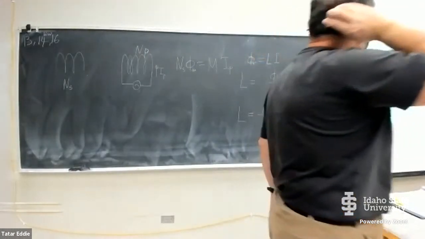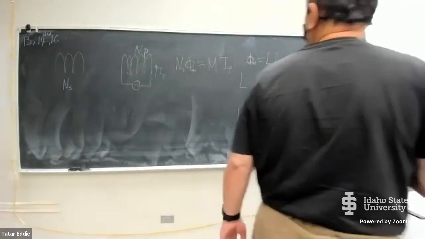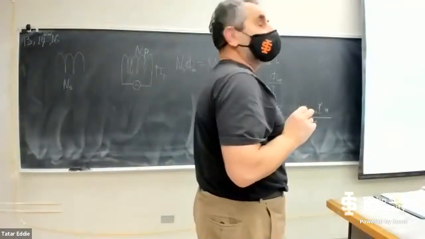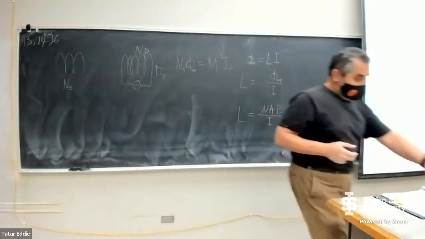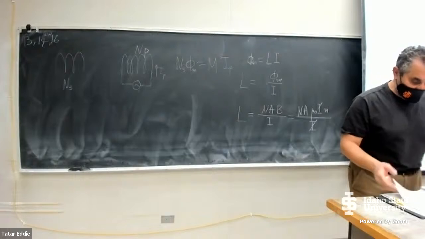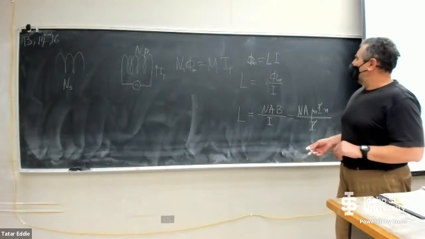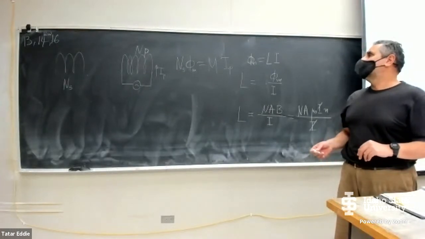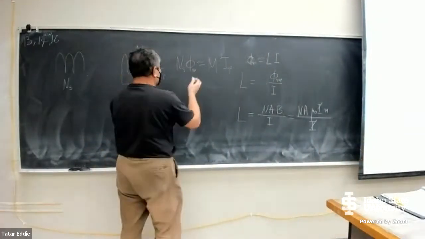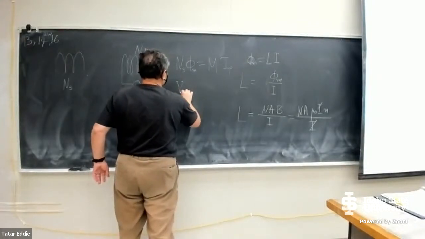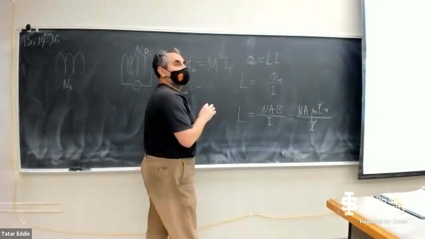So they say that if the mutual inductance increases by a factor of 2, find the new value of the induced voltage. Well, if you remember, the induced voltage, the induced EMF, by Faraday's law is the rate of change of magnetic flux.